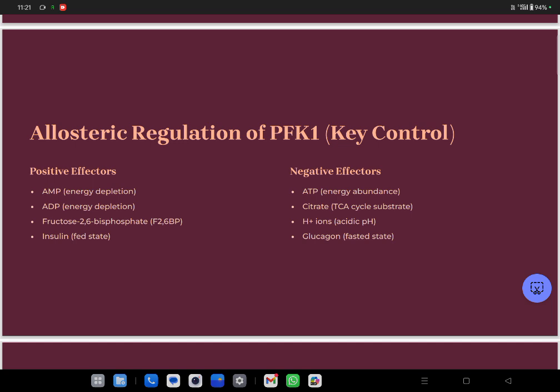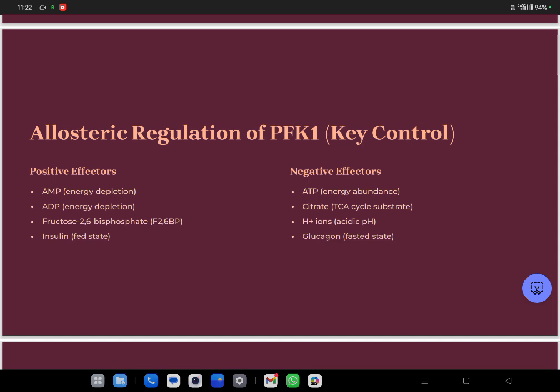So lots of fructose 1,6-bisphosphate means lots of fructose 2,6-bisphosphate, and this will stop the glycolysis reaction, meaning lots of product is present and the regulation is stopped. Negative regulators are ATP, citrate, H+ ions, glucagon.